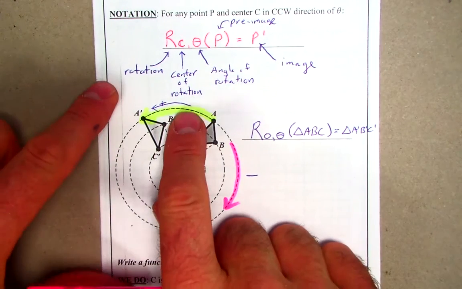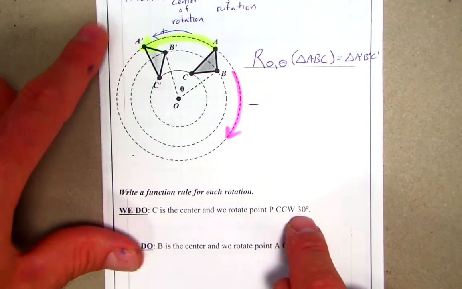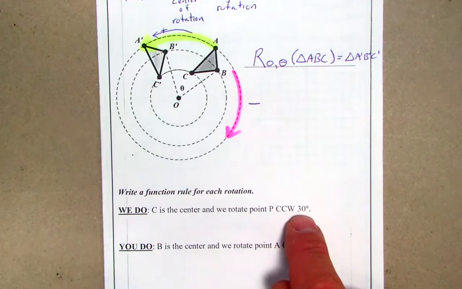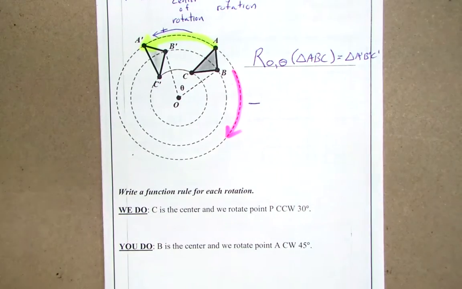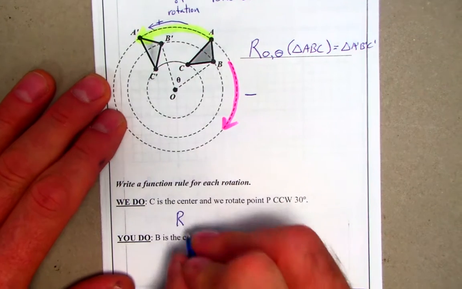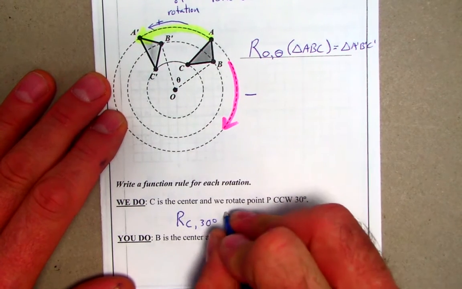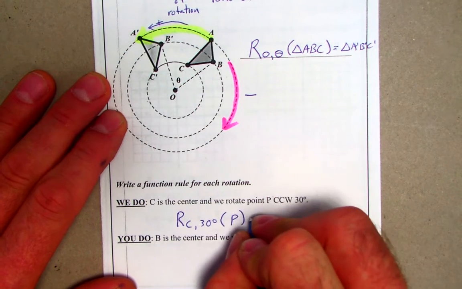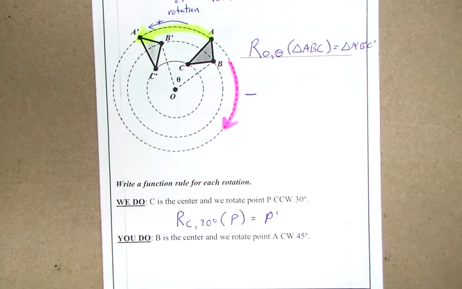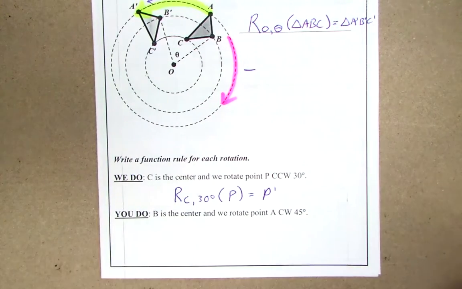This yellow one is counterclockwise, the pink one is clockwise. So when it tells you to go counterclockwise 30 degrees, it's saying make a positive 30-degree rotation, centered at C. So we're going to have a rotation centered at C, opening up 30 degrees, P goes in, P prime comes out. All right, so write a function rule for this rotation.